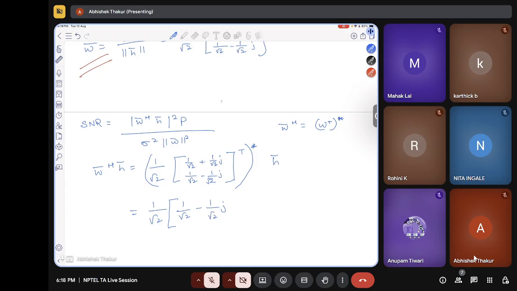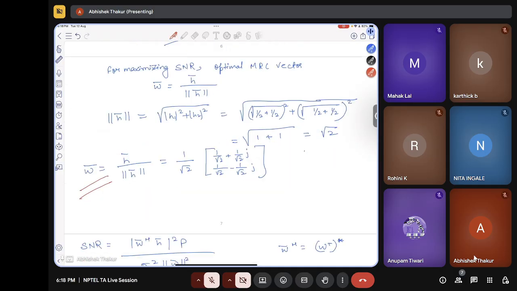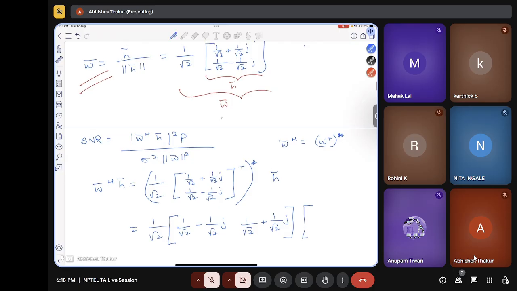So here this sign will become minus, and the second term will become 1 by root 2 plus 1 by root 2 j. And this is our H vector. This complete is our W vector. So let's write the value of the H vector.